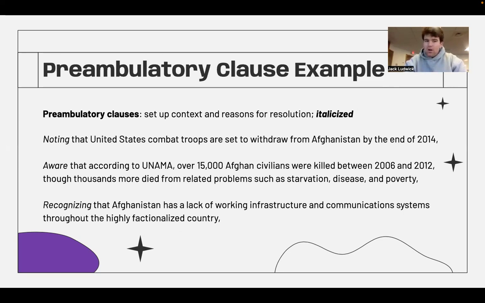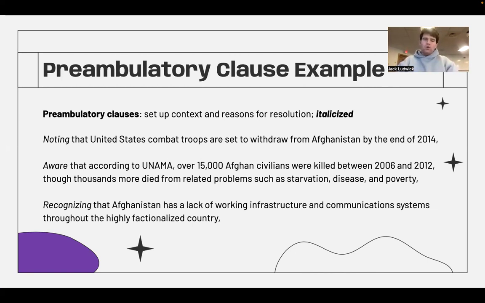In preambulatory clauses, you'll always use a word at the beginning, such as noting or aware or recognizing, and those will be italicized. So, for example: noting that the United States combat troops are set to withdraw from Afghanistan by the end of 2014. This is taken from a resolution that was done years ago, so it's not accurate or updated to today.